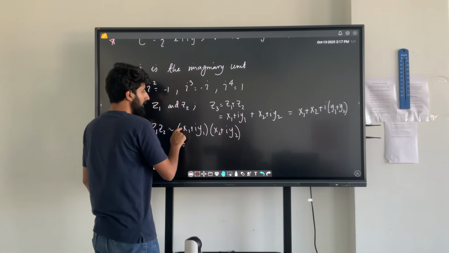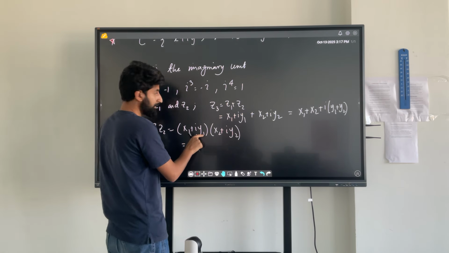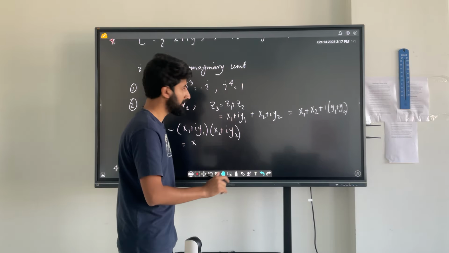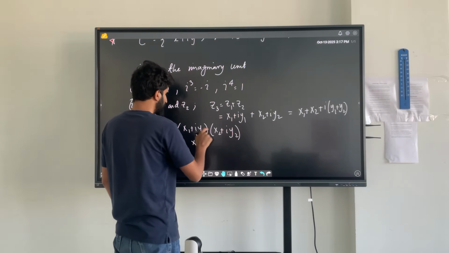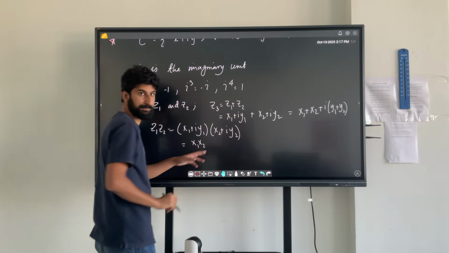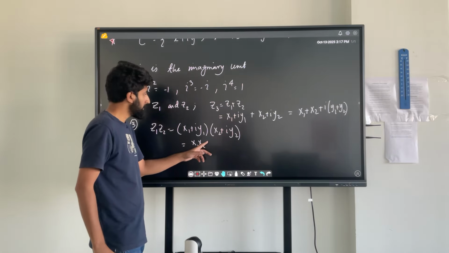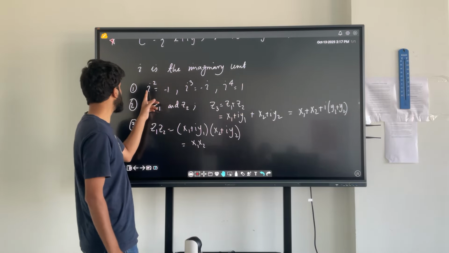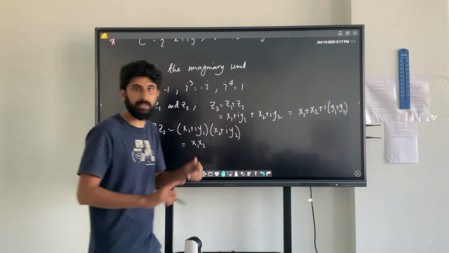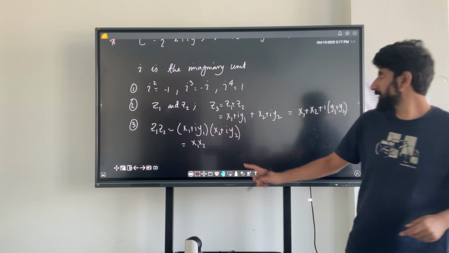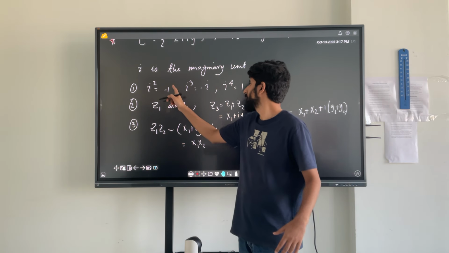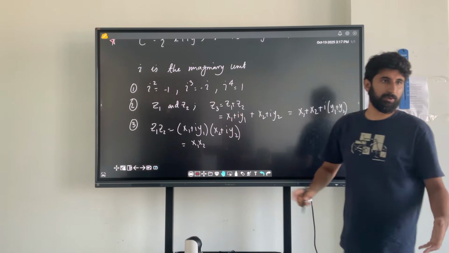What do I get here? First, I would like to calculate things without iota. First one is x1 x2. The other one is when iota multiplies with iota, you get iota square, which is a complex number, but it's equal to minus 1, so it's a real number also.